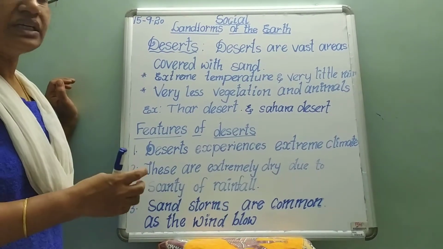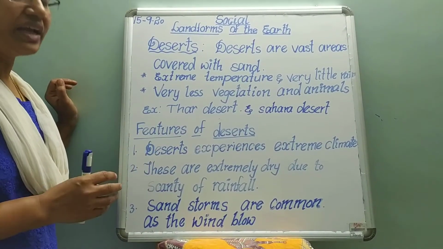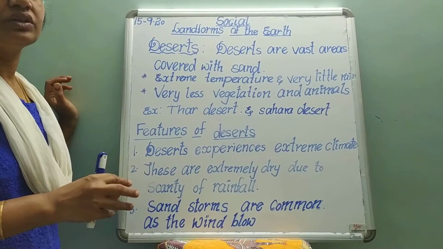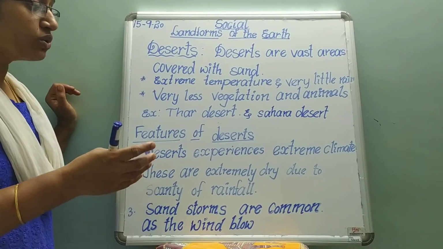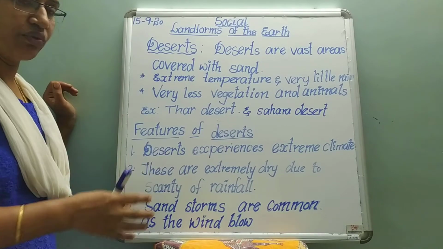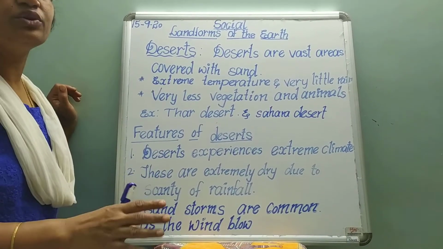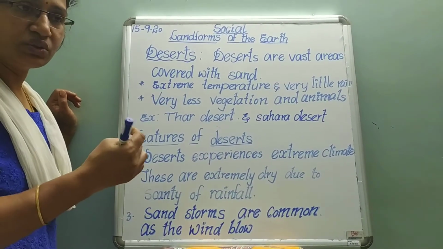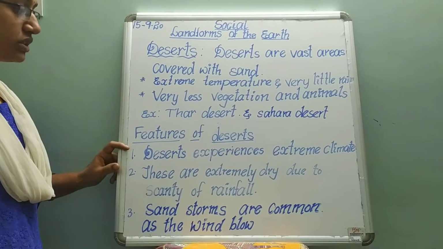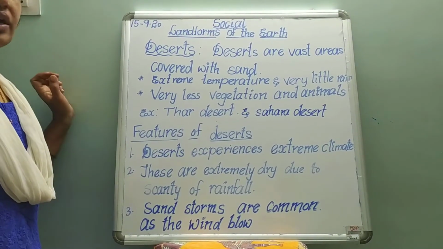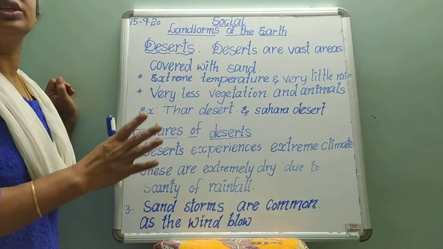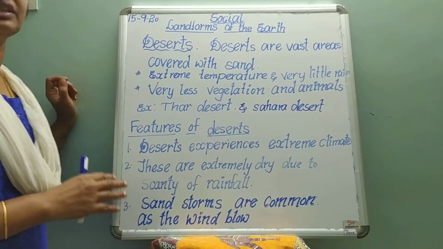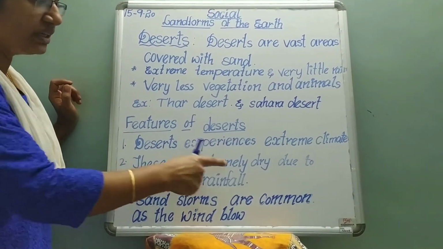Why is it so dry? Because of very little rainfall, scanty rainfall, or no rainfall at all. Because of that reason, the deserts are extremely dry.